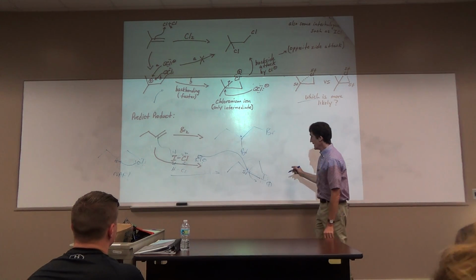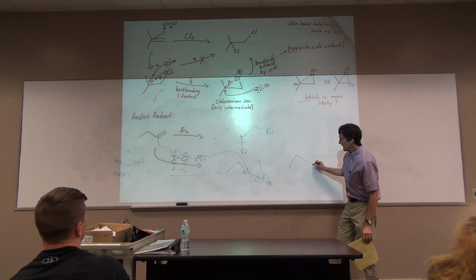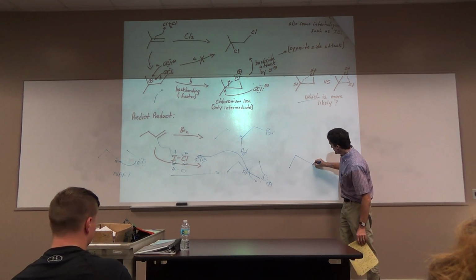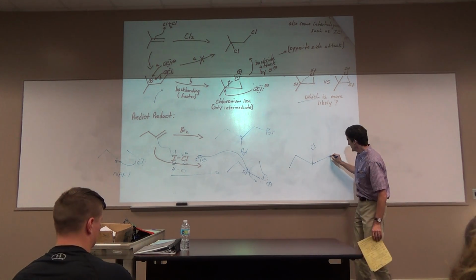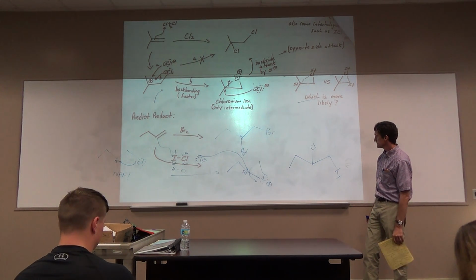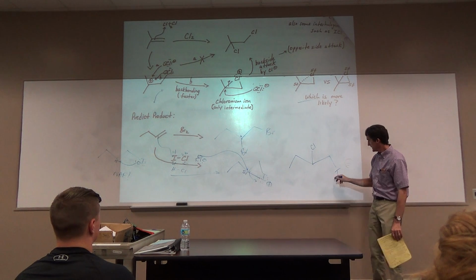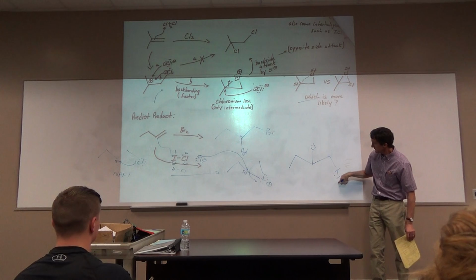What does that give? I mean, we could draw it just like it's sort of drawn. Boom, boom. The bond angle is going to be kind of ugly though. Chlorine here, and then carbon iodine. These electrons used to be bonded here, but instead the chlorine came in and kicked them off.